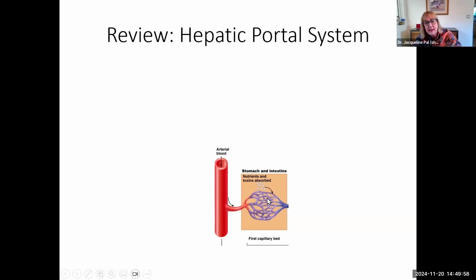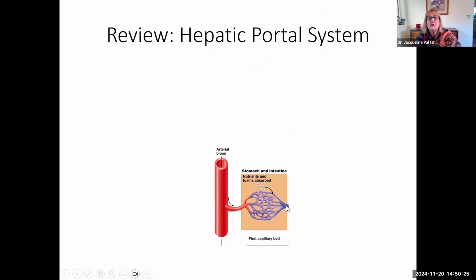And so that's in the capillary bed and is drained into the venous system. Now, we don't want that venous blood to go directly to the heart where it could cause your heart to stop, or for it then to go throughout your entire body from your heart where it could kill you. So we have a portal system.